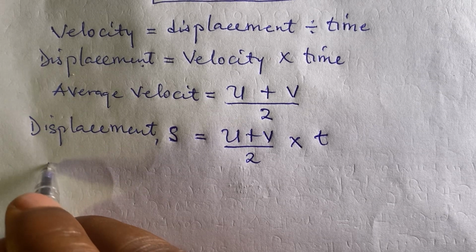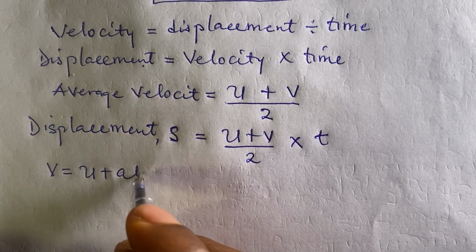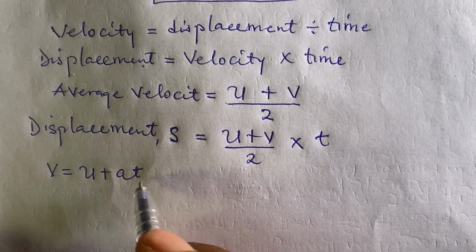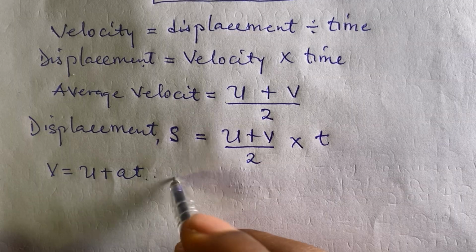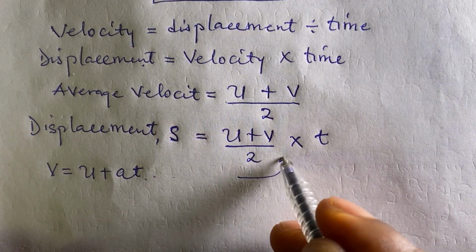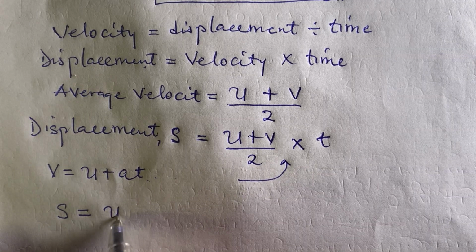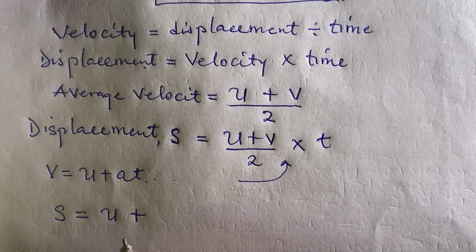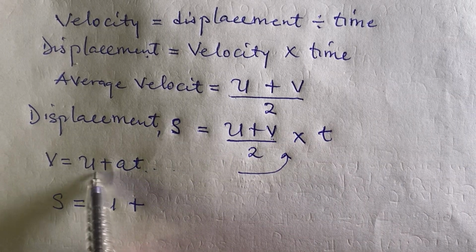But we have defined v from our equation 1 to be u plus at. So if you substitute this value into this equation, anywhere we see v, we are going to put u plus at.